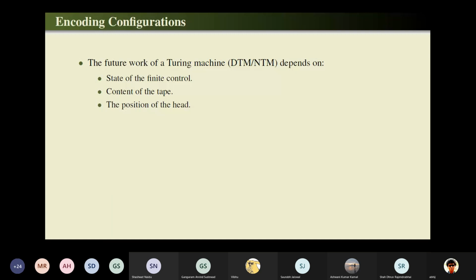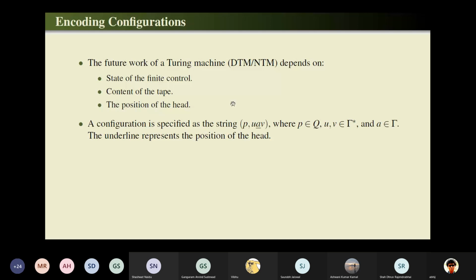There are many possibilities. It can be something like this: state is p. Okay. Then I have some string u followed by a. And if I use a marker like underscore, then I know this is the head position. This is followed by some v in gamma star. Okay. This is a possible way.